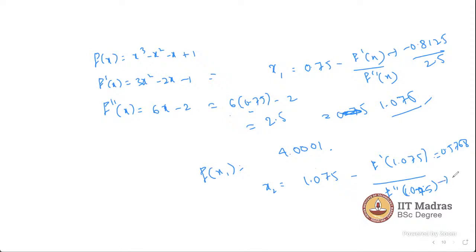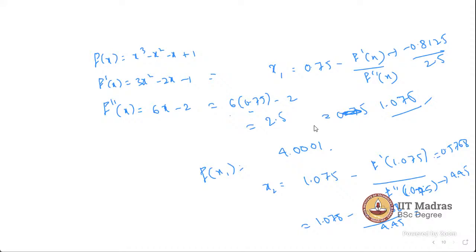In total, this gives 1.075 minus 0.5768 divided by 4.45. So the f dash of 1.075, I think, is 0.316869. 0.3169. Yes, sir, I also got 0.3169.